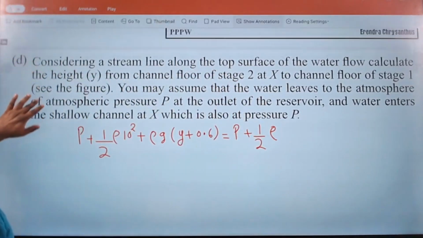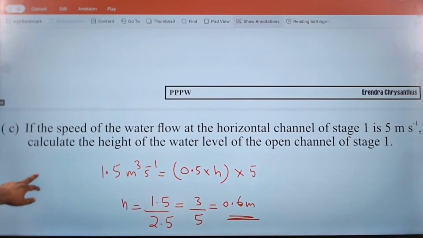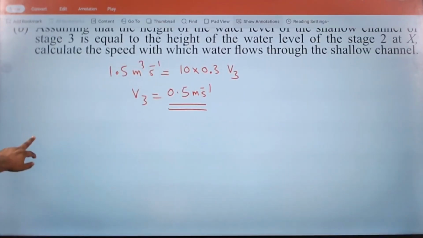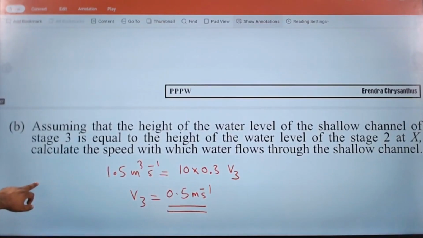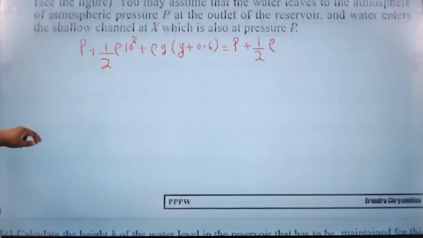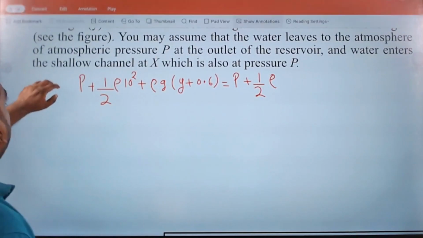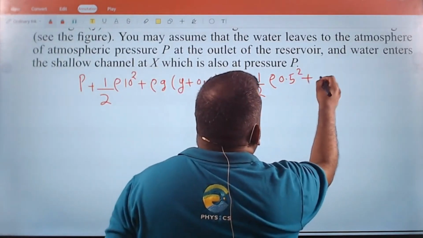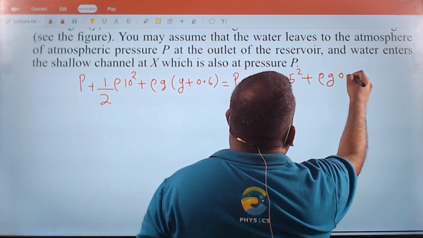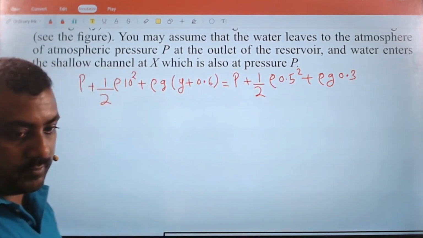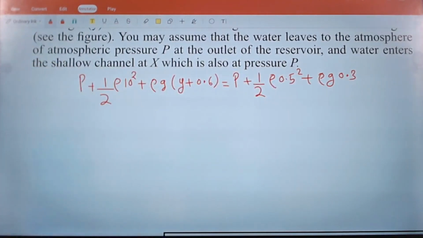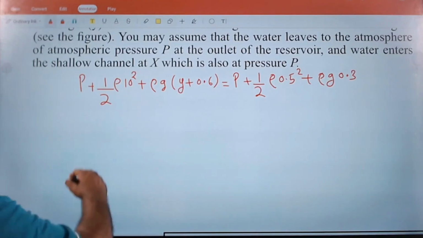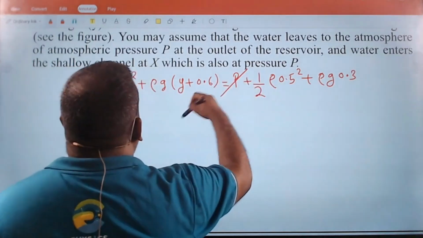Stage number 2, what is the velocity? 0.5, height is 0.3 meters. So it's not difficult. Carefully we apply. Pressure P cancels off.